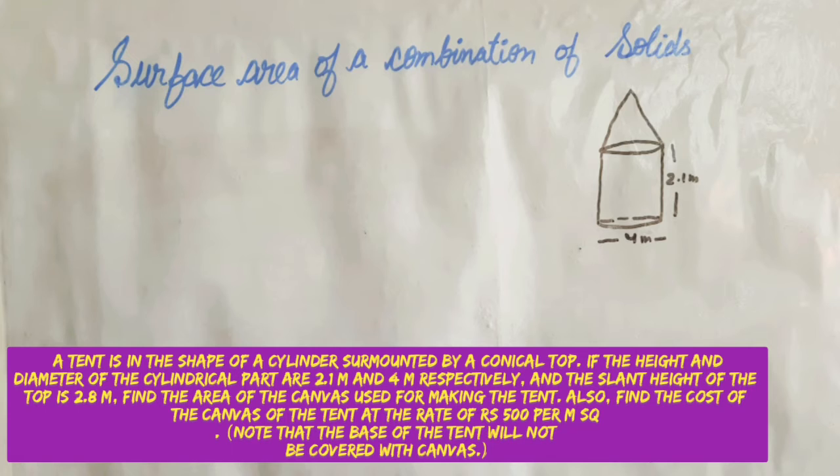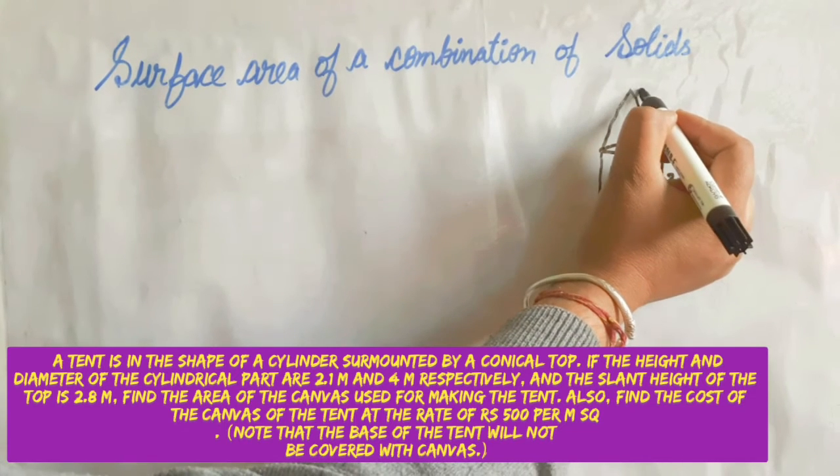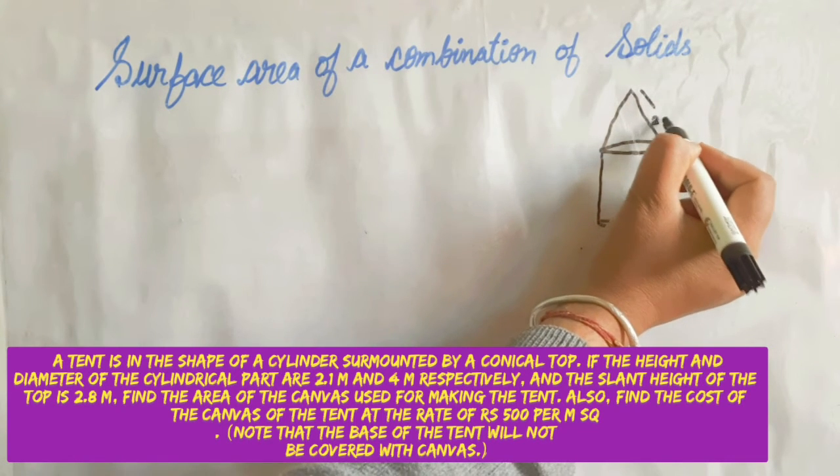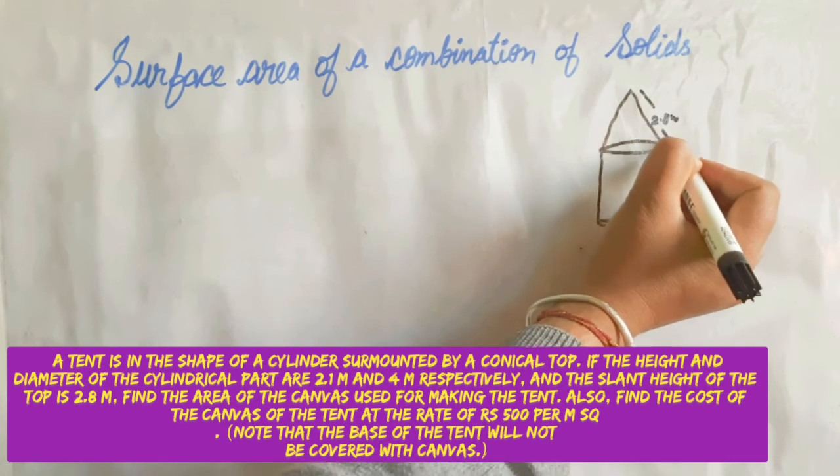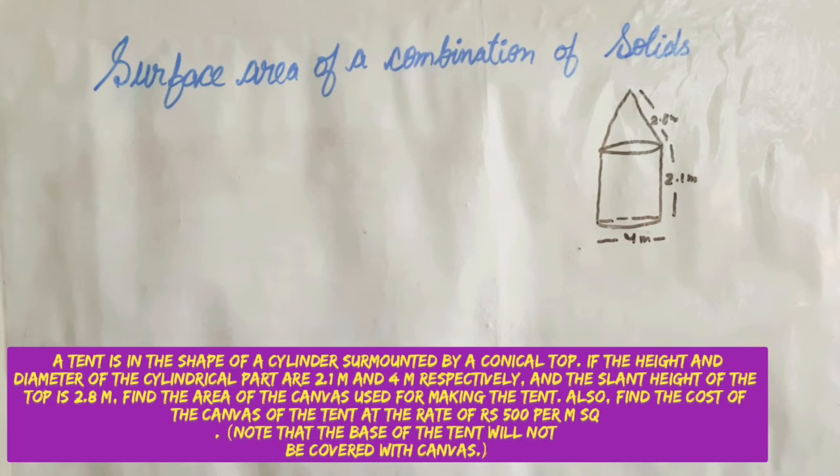The second part is given height of the top is 2.8 meter. The slant height of conical part is 2.8 meters. Then what we have to find? Find the area of canvas used in making tent. Also find the cost of the canvas of the tent at the rate rupees 500 per meter square.